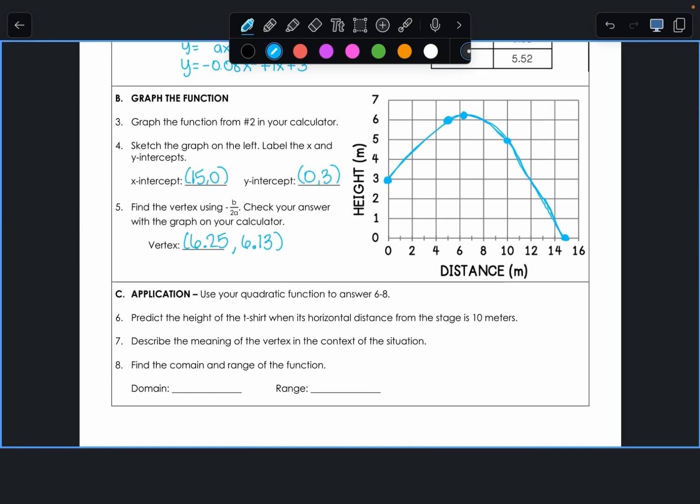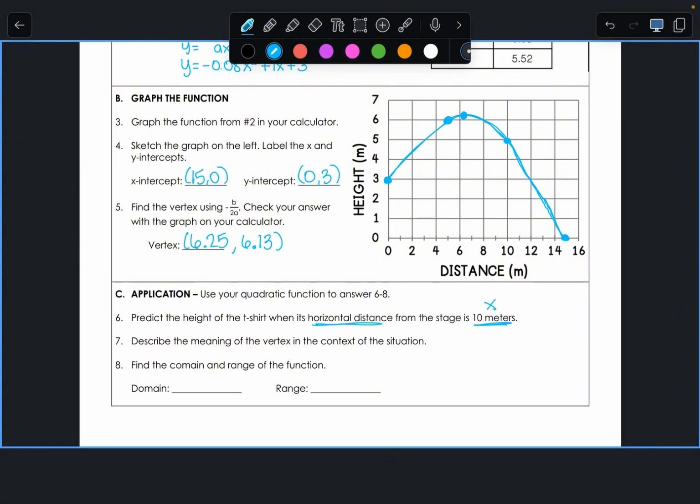Application. Predict the height of the t-shirt when its horizontal distance from the stage is 10 meters. Distance from the stage is what kind of value? Is it an X value or a Y value?